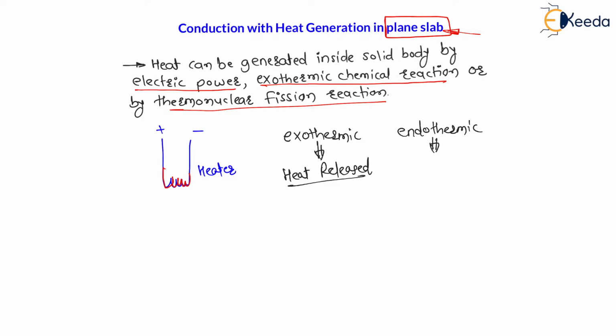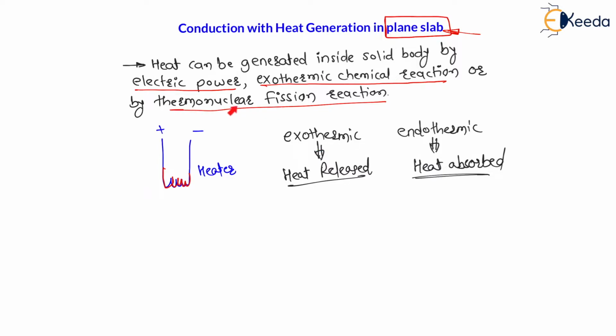And because of an endothermic chemical reaction, heat is absorbed from the surrounding. As heat is released during an exothermic chemical reaction, the heat is generated within the solid body.